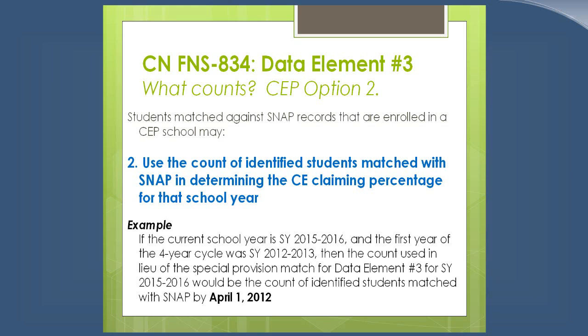Then the count used in lieu of the special provision match for data element 3 in school year 15-16 is the count of identified students matched by SNAP by April 1st, 2012. That's your second option on how to count your CEP students and add them to data element number 3.